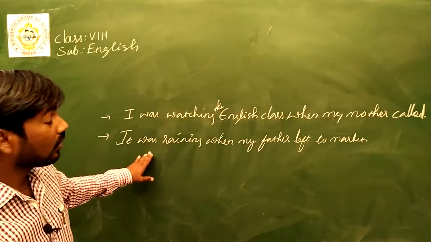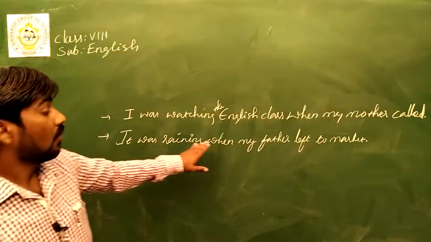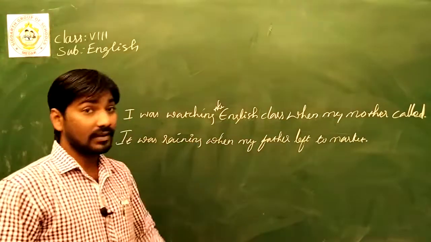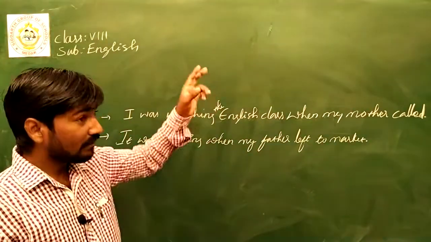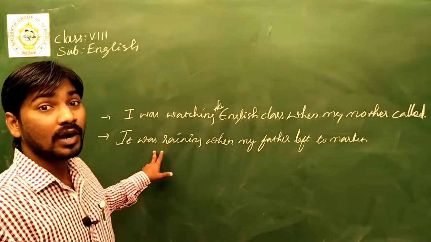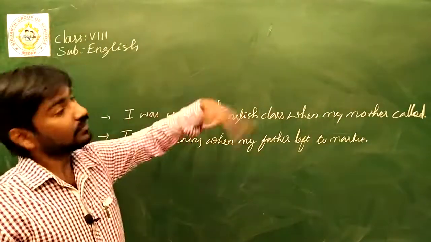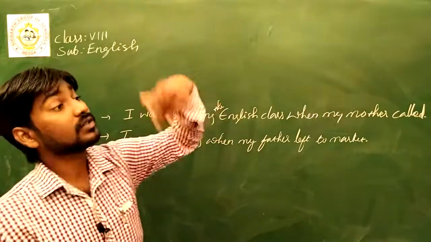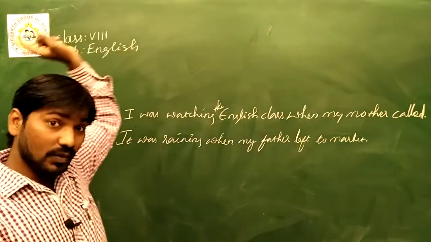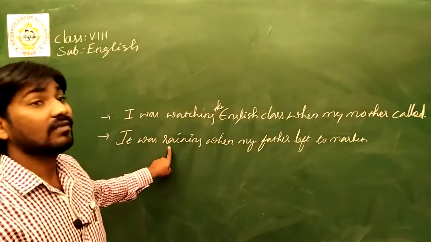Which action was going on? It was raining when my father left. My father left for the market. So when he left for the market, something was going on. What was going on? He went to the market, so when he went, some action was already going on. What? It was raining.